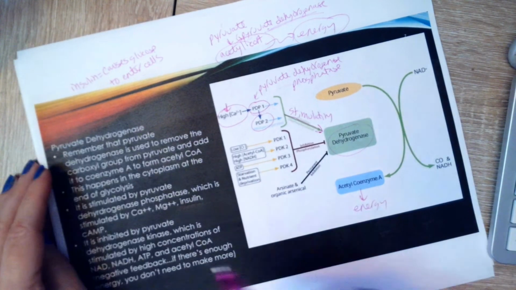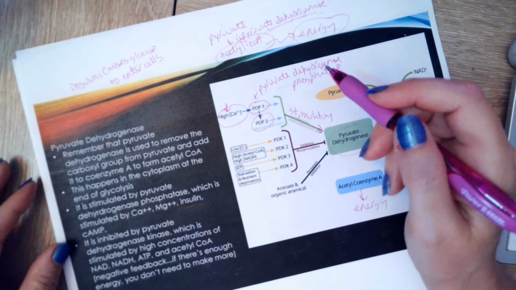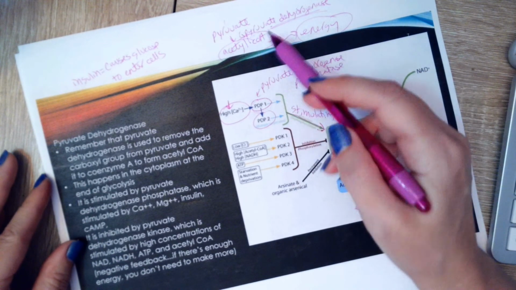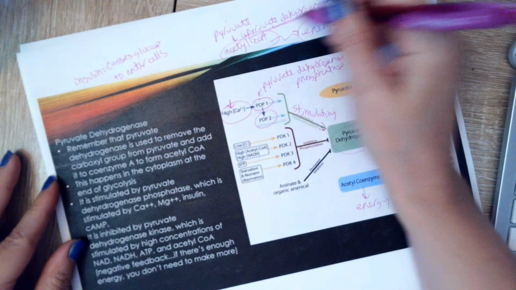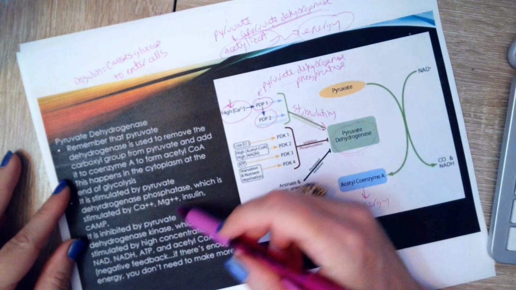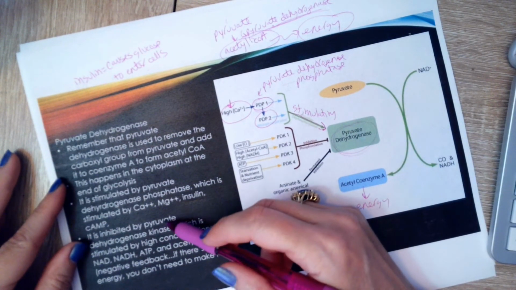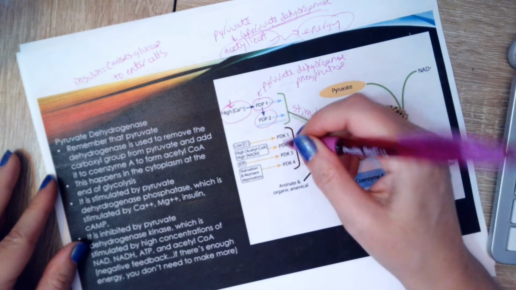Now, to inhibit our pyruvate dehydrogenase, we would use pyruvate dehydrogenase kinase, or PDK.